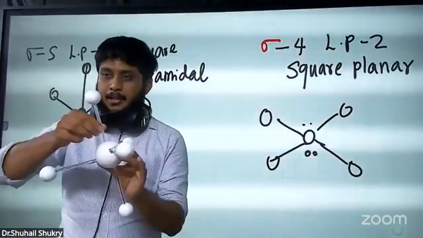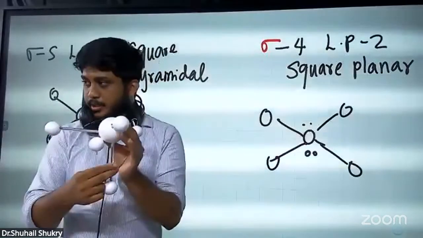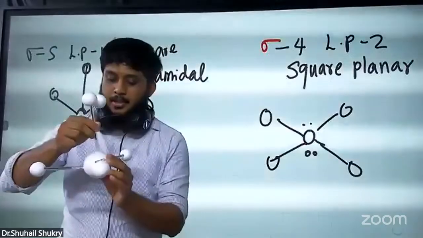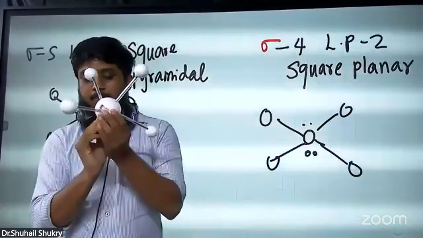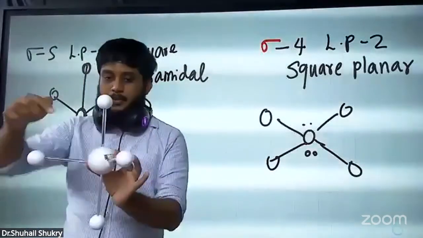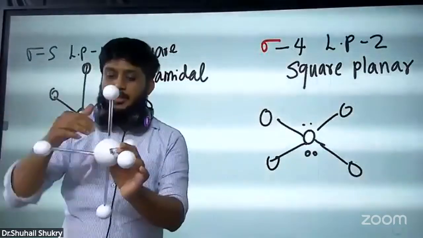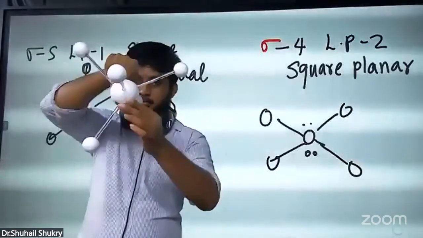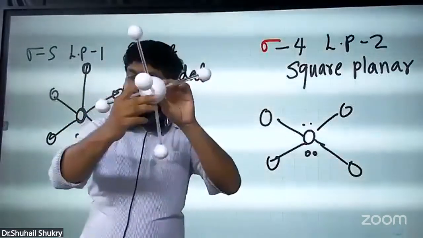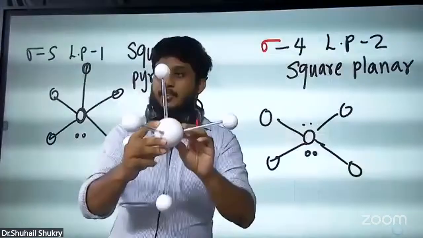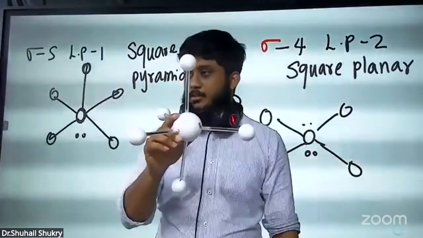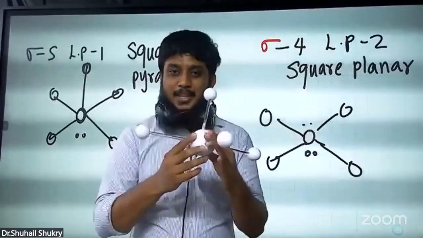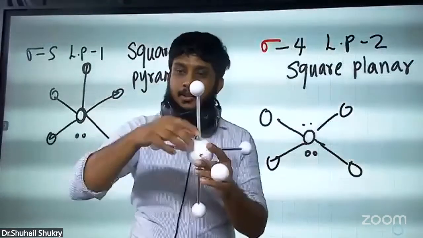If I fix 5 things, what is the shape? Trigonal bipyramid. Right? This is the triangle. Can you see these 3 lines in one plane? This one goes straight. You can see. Everyone clear? Right. So you get a good idea on this. This is trigonal bipyramid. It's like this. This is 5 trigonal bipyramid.